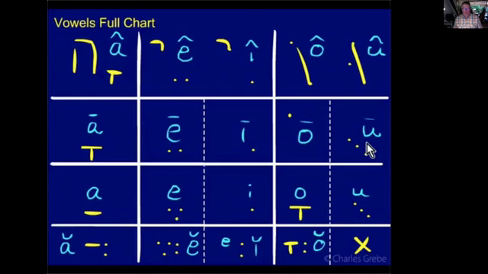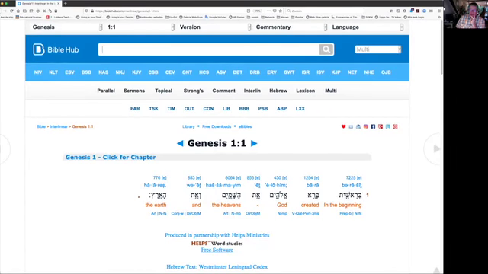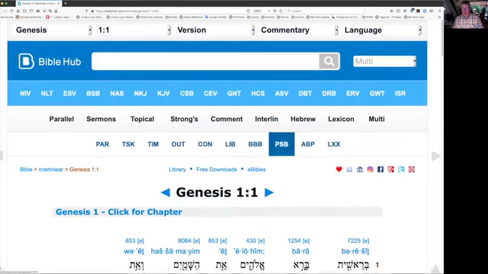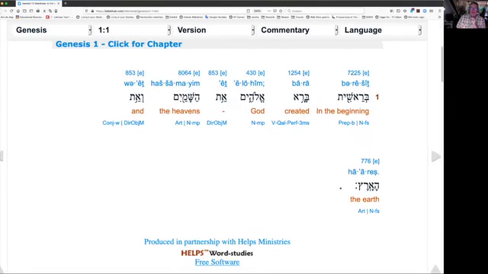There we go. All right. This is Genesis 1:1. And now we can see, we can make it bigger even. How can I make it bigger? Yeah, that's better. This is the first sentence in the Bible. Let's use a different color so you can recognize it.